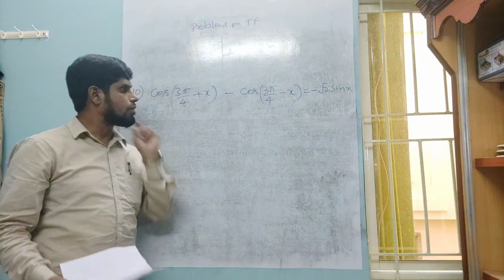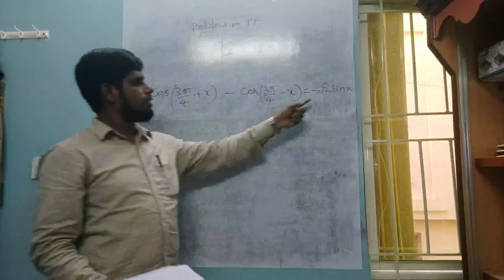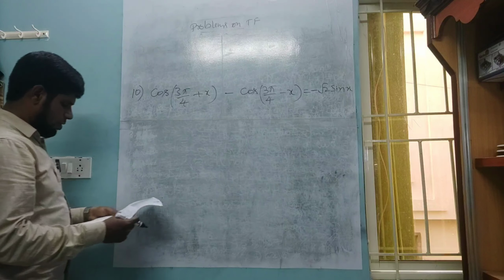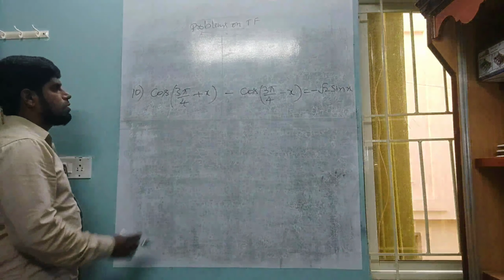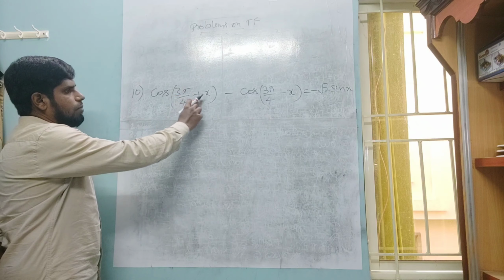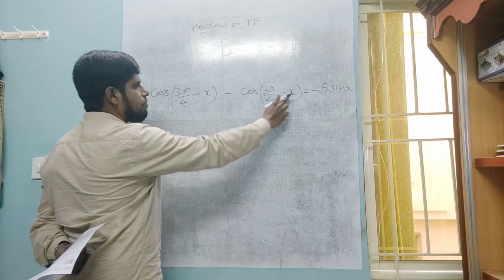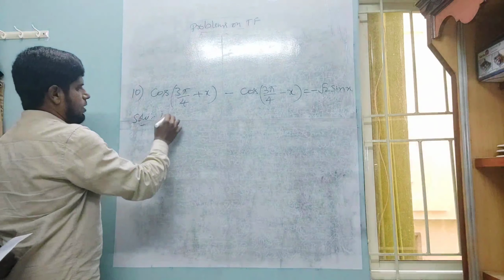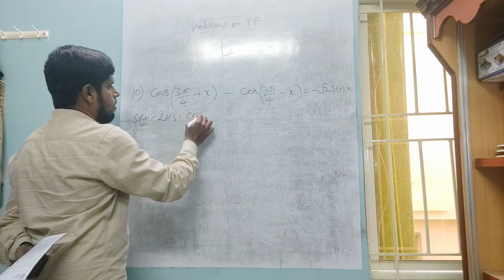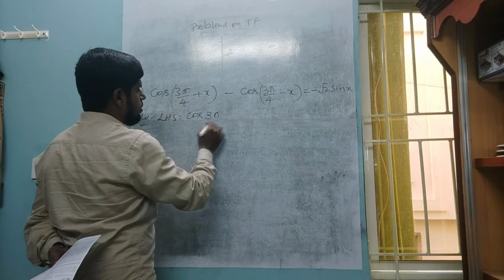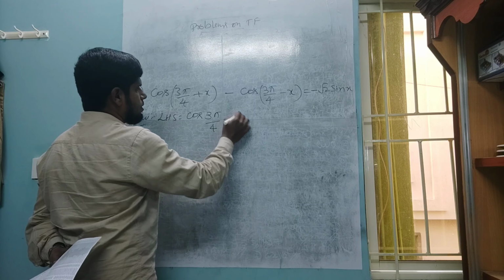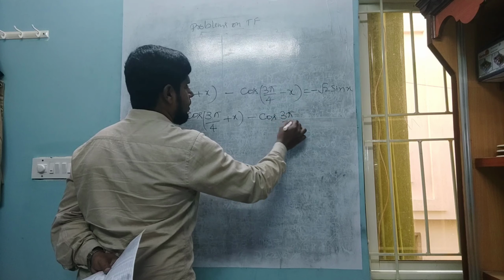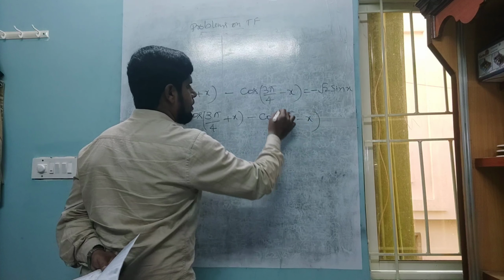Very simple problem, students. There are just two terms, and we should prove that it is minus root 2 sin x. So cos(3π/4 + x) minus cos(3π/4 − x) is our LHS. So LHS is equal to cos(3π/4 + x) minus cos(3π/4 − x).